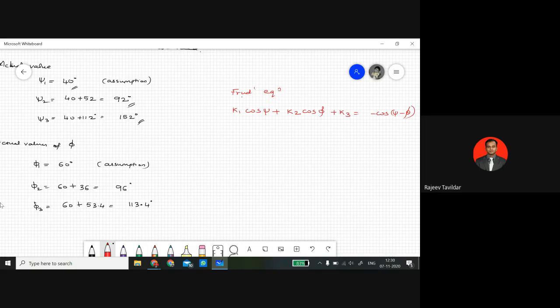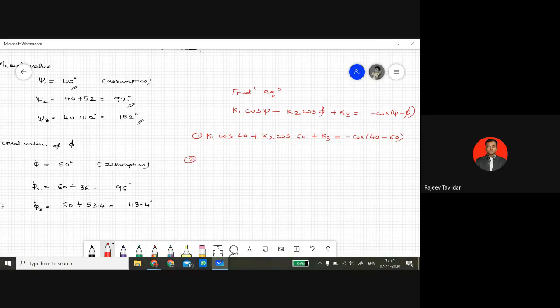I'll write it 3 times now by replacing psi with psi1, psi2, psi3, and similarly phi with phi1, phi2, and phi3. So my first equation will be K1 cos of 40 plus K2 cos of 60 plus K3 equal to minus cos of psi1 minus phi1. That will be 40 minus 60.